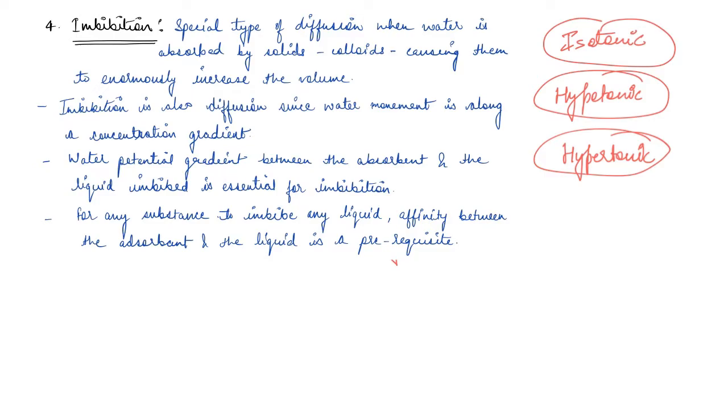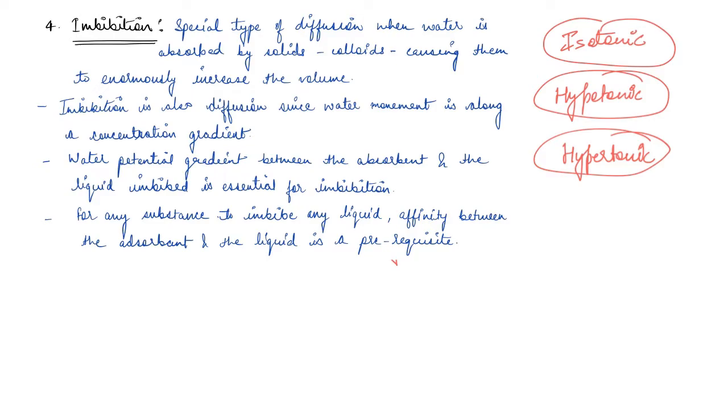So remember that, right? If you see the example of imbibition, the absorption of water by seed or dry wood is nothing but imbibition, right? So basically here, the pressure that is produced by swelling of wood has been used to split rocks, boulders, and so many things, right?